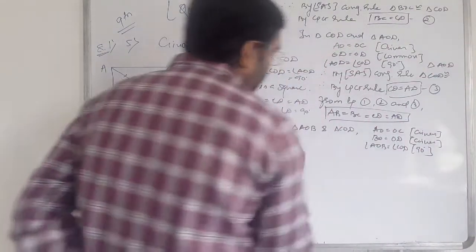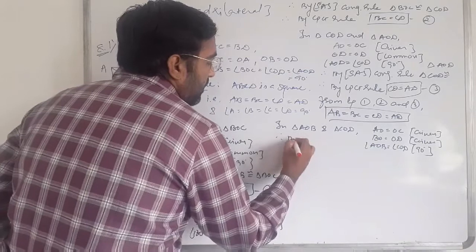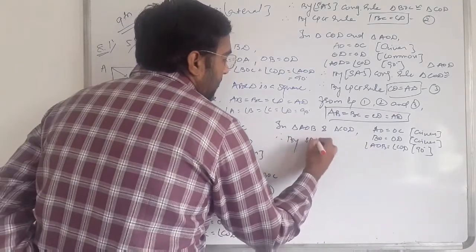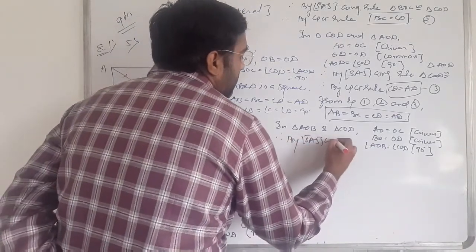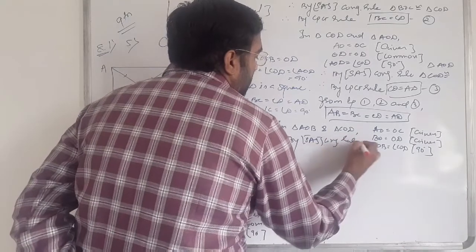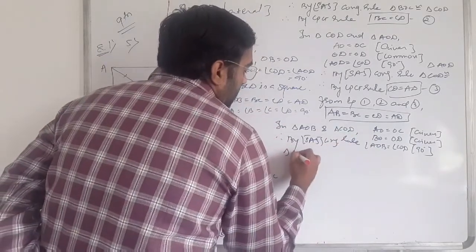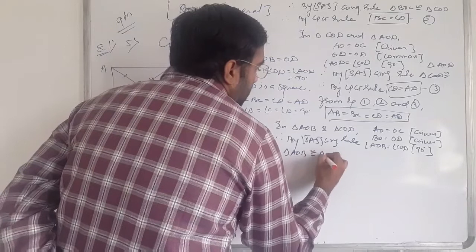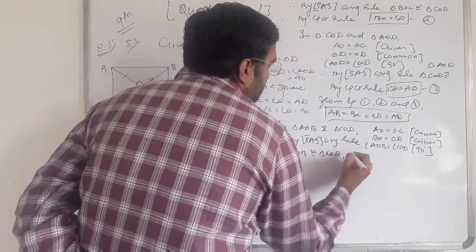So therefore, by the side-angle-side congruency rule, triangle AOB is congruent to triangle COD.